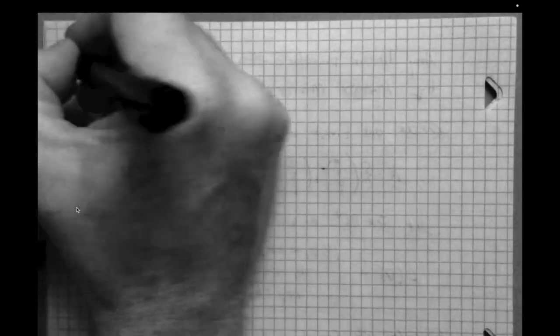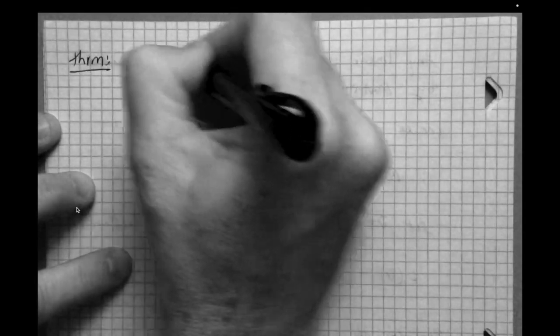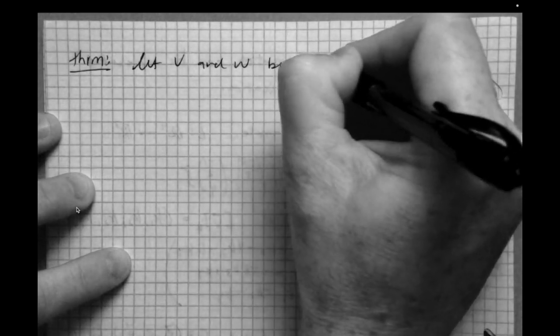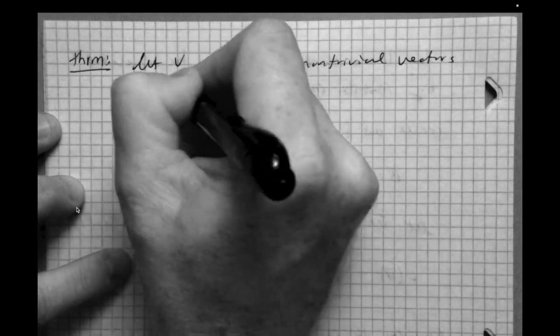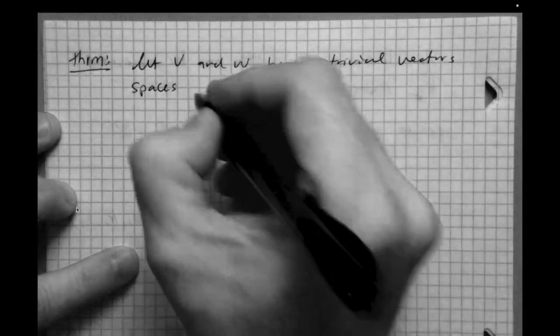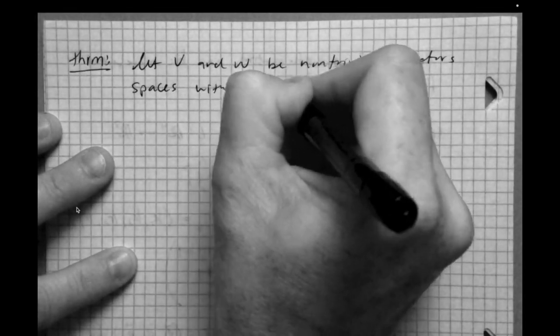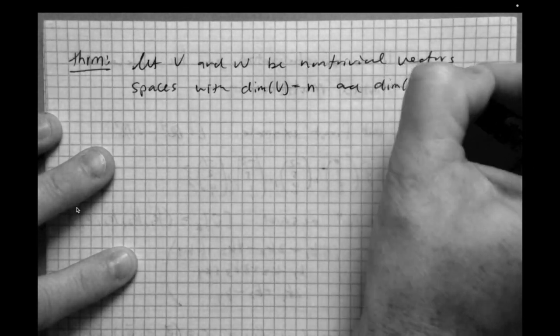Okay, and so let's look at the theorem for this. Let's look at the theorem for what this matrix is. We're going to let V and W be non-trivial vector spaces. Let the dimension of V be n, and the dimension of W be m.